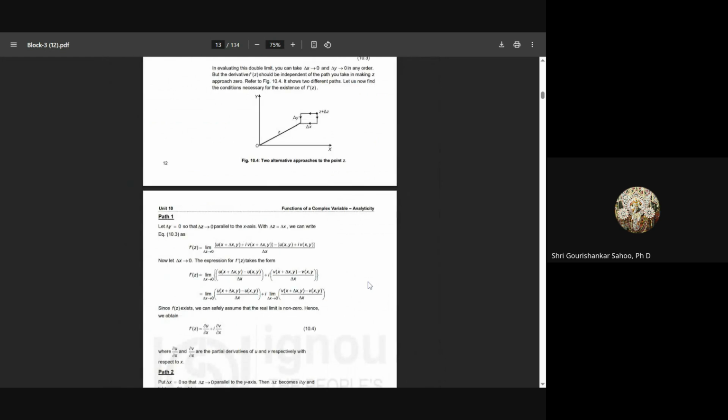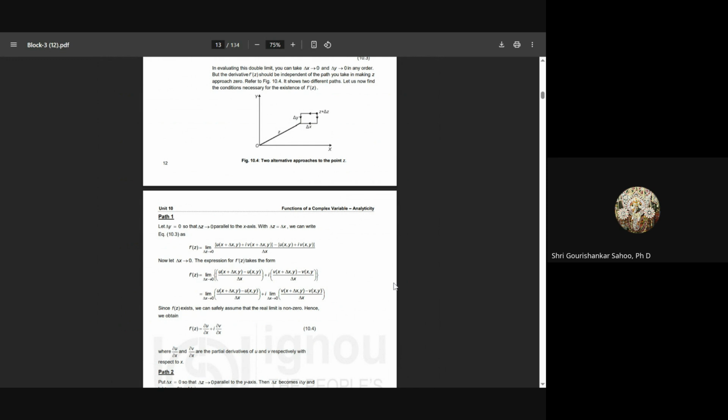in path 1, f dash z is equal to limit del z tends to 0, u plus iv minus u plus iv by del x. Similarly, the result will be f dash z is equal to del u by del x plus i del v by del x, and the derivation is here.